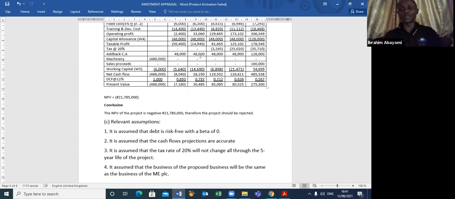These are all relevant assumptions, okay? These are how you pick your assumptions from the solution. So you pick your assumption from where? You pick it from the solution that you have provided.